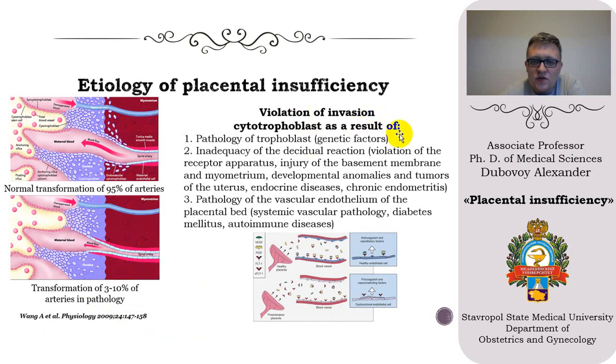Violation of invasion is a result of pathology of trophoblast, genetic factors, inadequacy of the decidual reaction, and pathology of the vascular endothelium of the placental bed, systemic vascular pathology, diabetes mellitus, and autoimmune diseases.